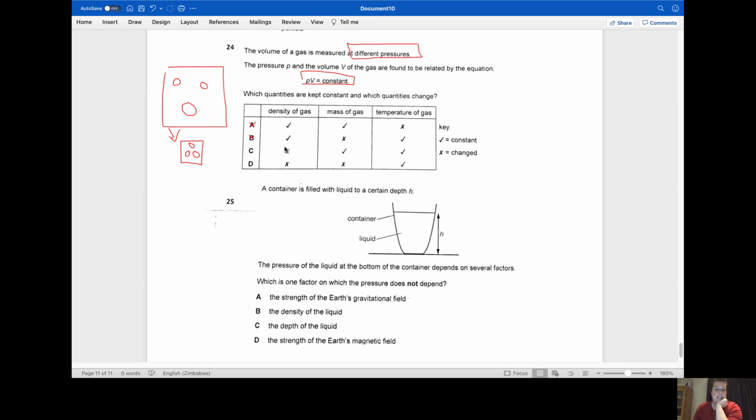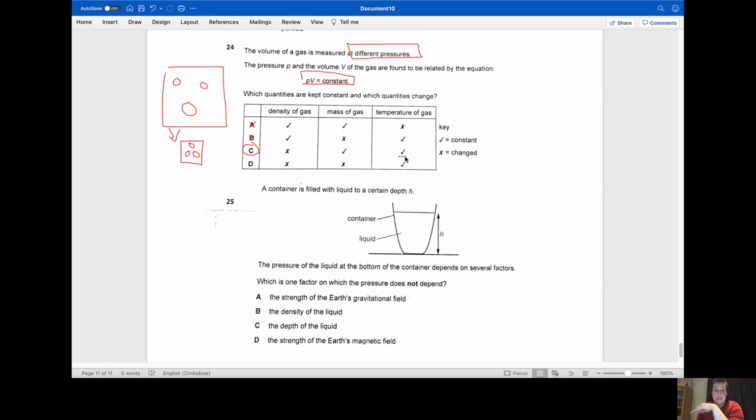They don't mention anything about the mass. I have not taken away any gas. If I took away some gas, then my mass would change. So my mass is staying constant.